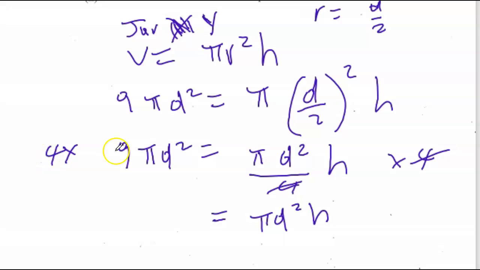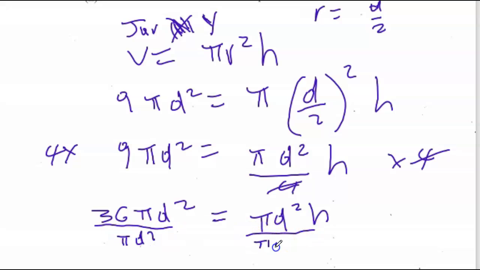And then 4 times 9, that's 36, so 36 pi d squared. So we're transposing for h, so we divide both sides by pi d squared. Pi d squared into itself is 1, and pi d squared into itself is also 1, so h equals 36. So the water from jar X would reach a height of 36 centimeters in jar Y.